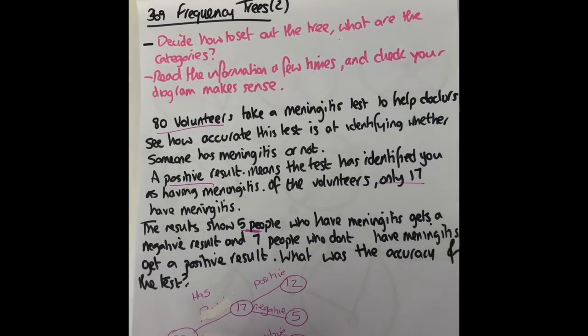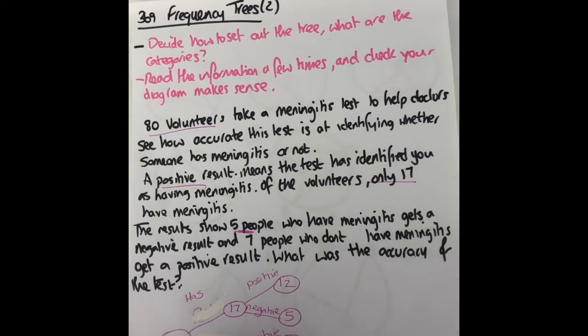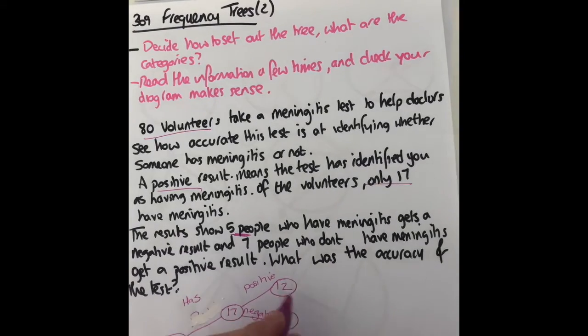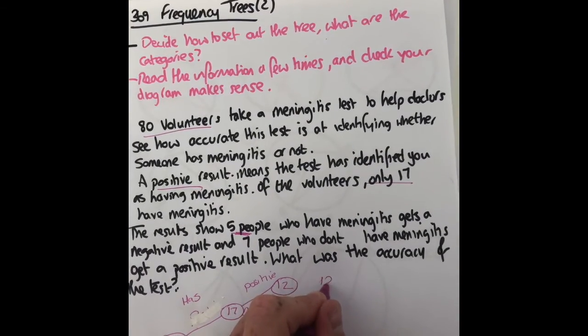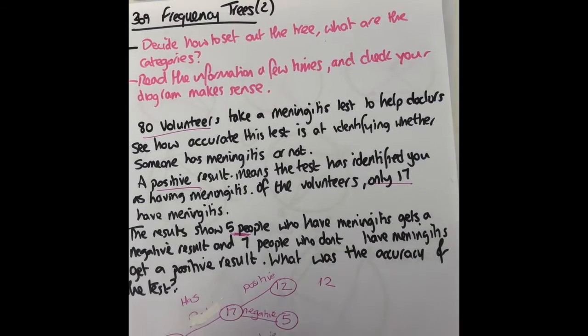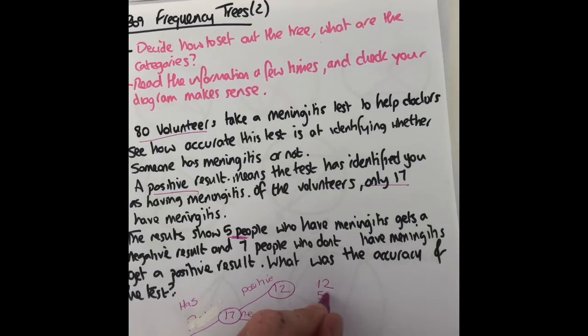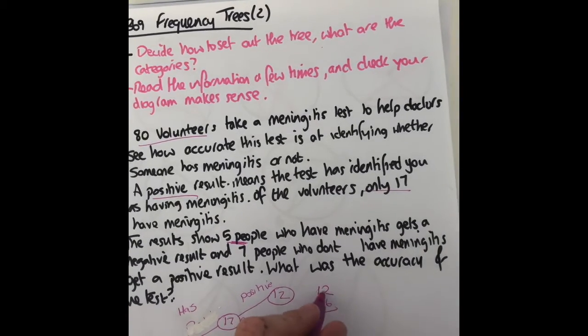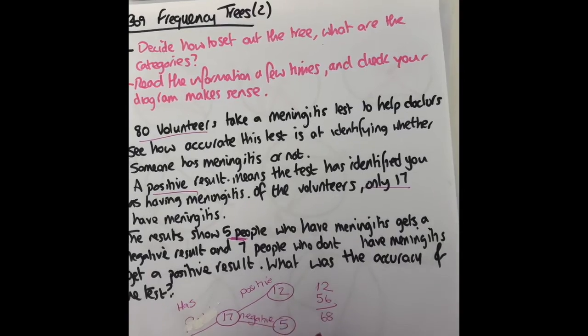What was the accuracy of the test? Well, if they've got meningitis, that means the 12 out of 17 is accurate. And then if they haven't, that means the 56 are accurate as well. So out of 80 people, be 68 out of 80.